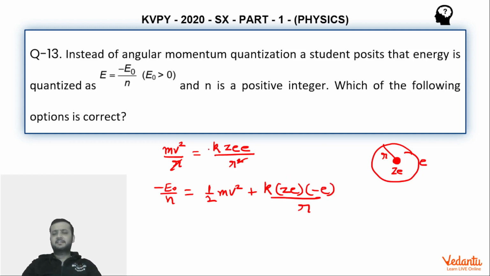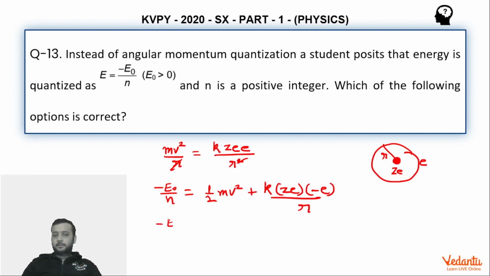In the force equation the negative sign just indicates that the force is attractive in nature, which we of course know. But over here the negative sign means that the total potential energy is negative in nature. I hope you understand this.